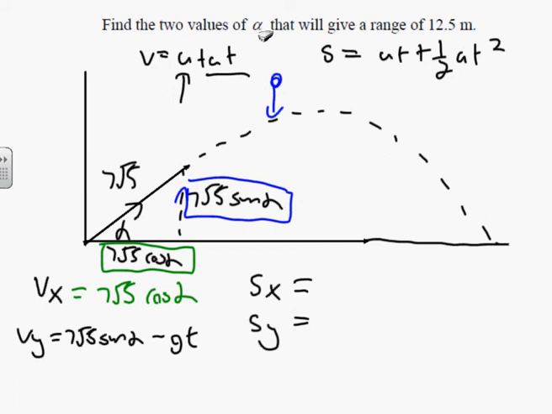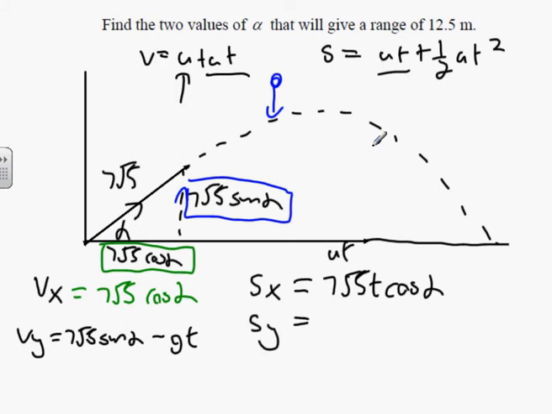You therefore only have to worry about ut. Its u value is 7 root 5 cos alpha, and you just multiply that by t. Because I tend to like the t not at the end, I'm going to say 7 root 5 t cos alpha.